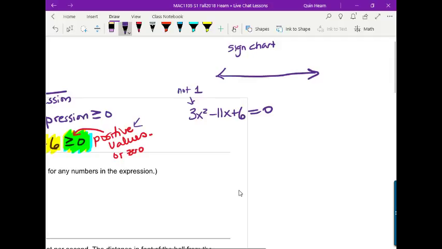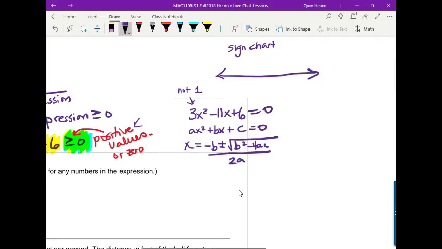So let me show you how you would do that. Remember, the quadratic formula states that if you have anything of the form ax squared plus bx plus c equals 0, then x is equal to the opposite of b plus or minus the square root of b squared minus 4ac all over 2a.